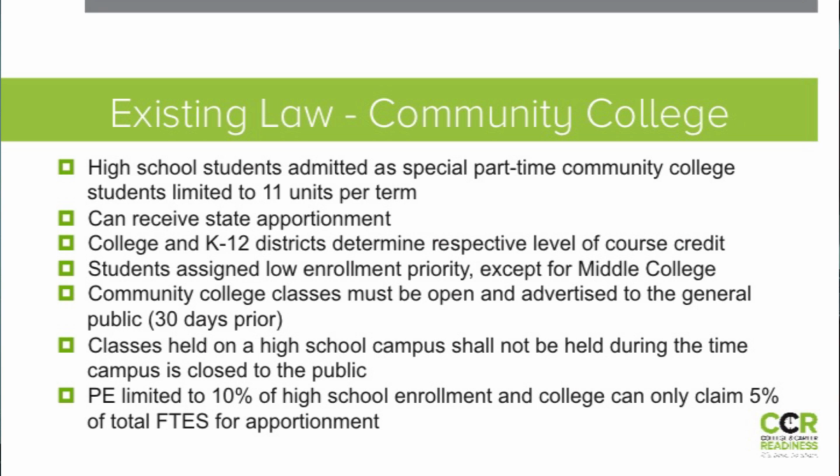Another thing to be cognizant of for a dual enrollment course on a high school campus is that they can be held on a high school campus, but they cannot be held when the campus is closed to the public. That's typically about 1:30 after lunch. Each district, rather, has a time that they identify that the campus is closed to the public.